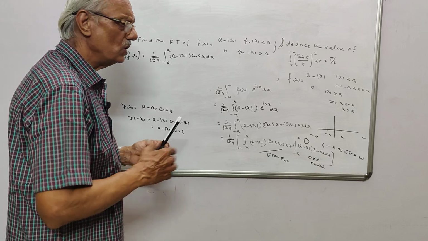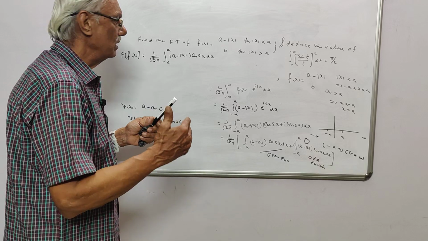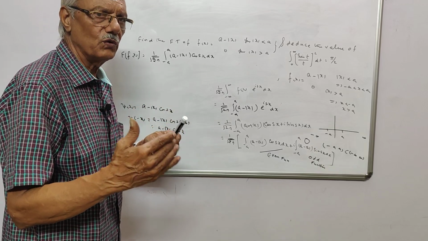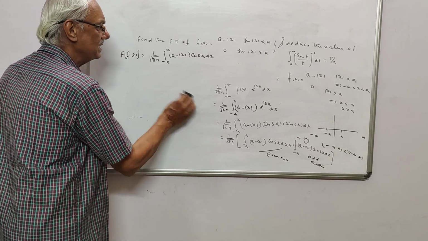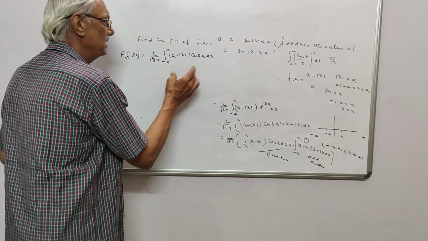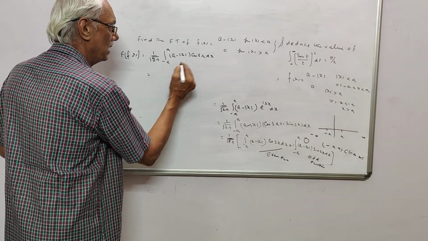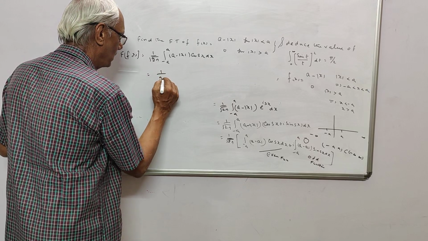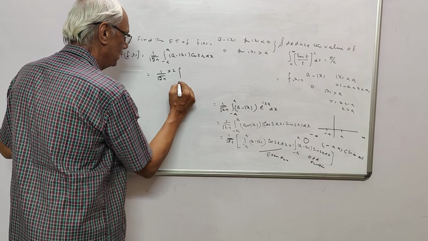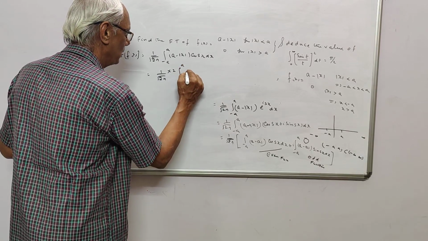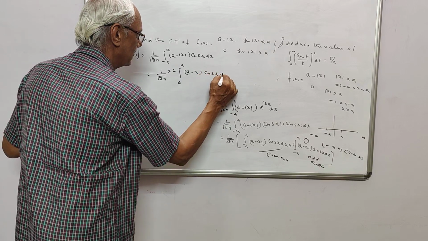Now what is it that you must do? Just go ahead doing the problem. That's all. It is going to be a mere ordinary integration you have to do. Now you see that since this is an even function, by the property of the definite integrals, it is 1 by square root of 2 pi into 2 times the integral from 0 to a of (a minus x) into cos sx dx.